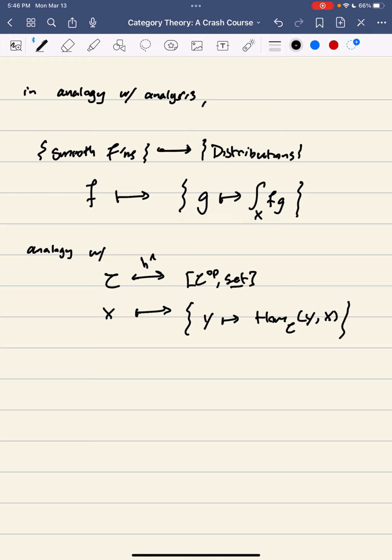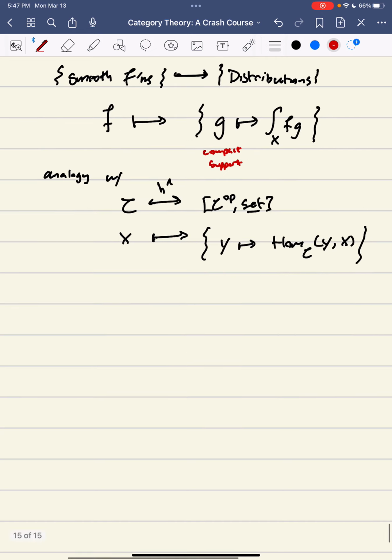You want to sometimes restrict to certain categories. Like in this case, maybe you want g to be with compact support. Or maybe you want it to be rapidly decaying at infinity or something like this. But you can actually make this precise with this category as well. It ends up being really nice.